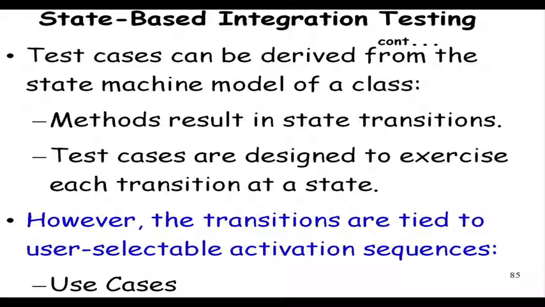So, there are multiple classes, we are just invoking a method of one class, and then the other methods are automatically invoked. So, it may not be easy to traverse all possible states in that case.